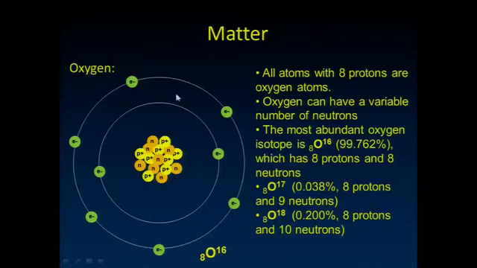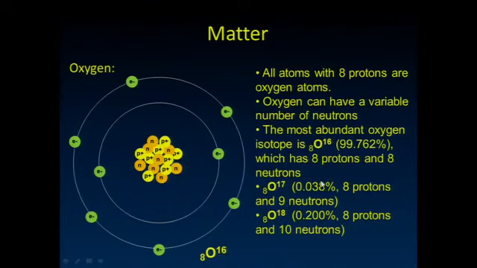So here's oxygen. Right, all atoms with 8 protons are oxygen atoms, and oxygen can have a variable number of neutrons. The most abundant oxygen isotope is O16, 8 protons, 8 neutrons, and in fact 99.762% of all naturally occurring oxygen occurs in that form. There's O17 and O18, by the way. Both of these are stable. They don't undergo radioactive decay.